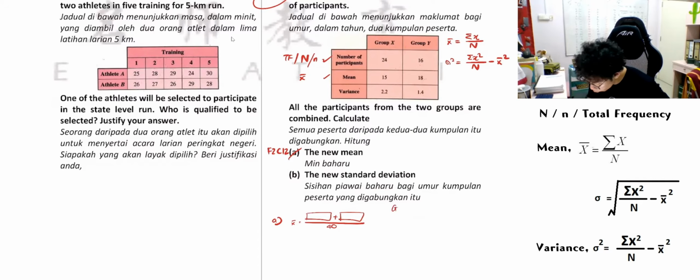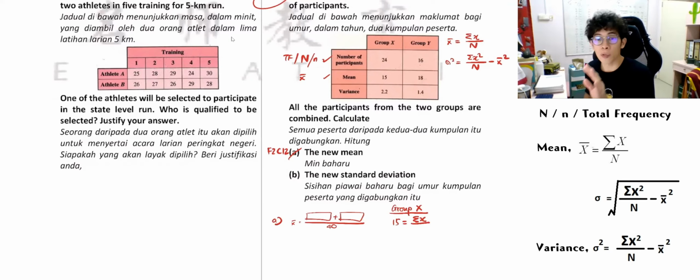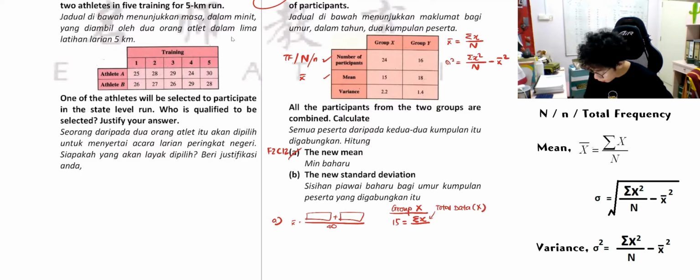The mean for group X equals 15. And the total for X, I wouldn't say total for X, I would say the total data for X, or the sum of data for X. Not the X over here, this X represents data; the X above represents the name.